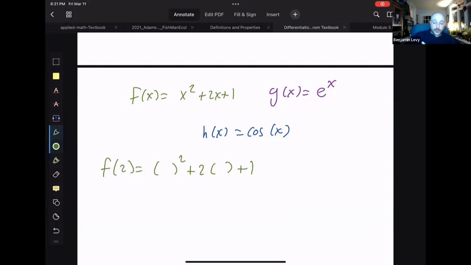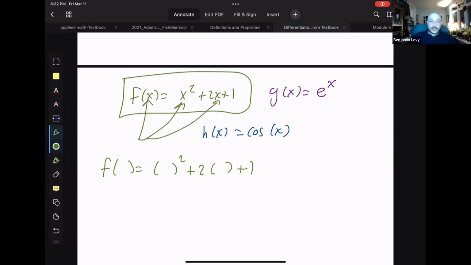So anyway, f of 2, let me actually start over. F of nothing is when there's nothing in there, right? It's like we started with f of x, but then you take the x out. We took it out everywhere, we just delete it. And then when you plug a 2 in, you replace the x with the 2. So you fill in the gaps.